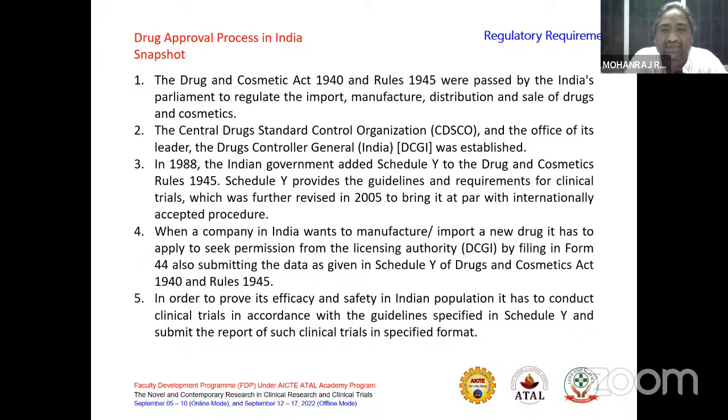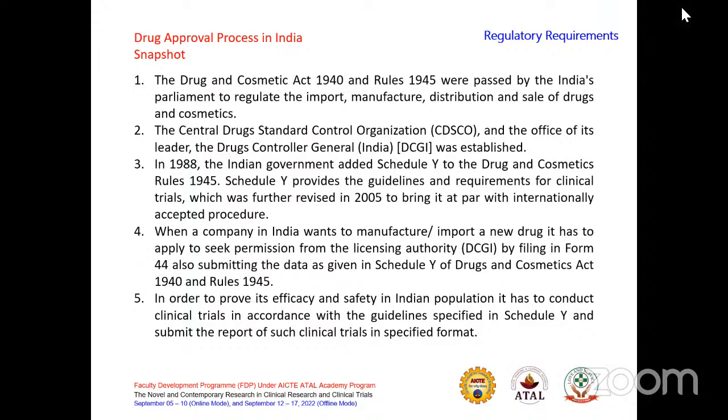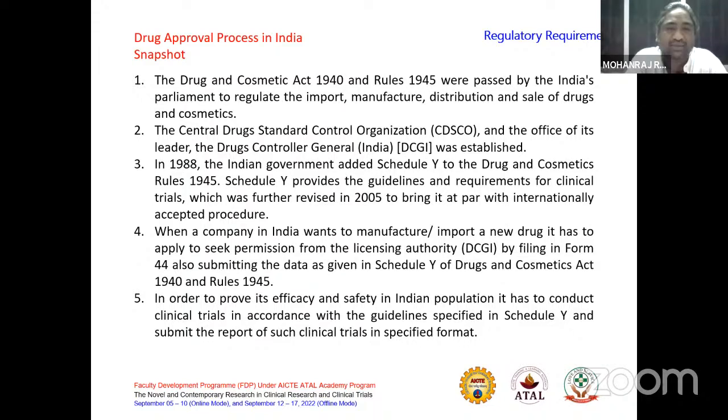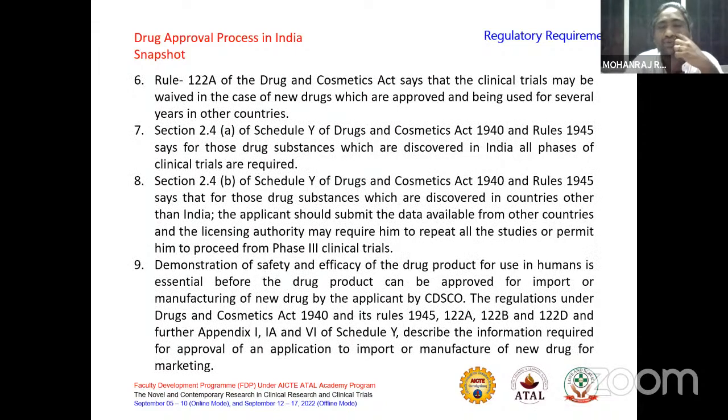So whenever we get into any purpose of a clinical trial, everything in Form 44 is subject to be documented whenever the drug falls under Schedule Y. And we have to follow Rule 122A and Clause 2.4A of the Drugs and Cosmetics Act 1940 and Rules 1945.